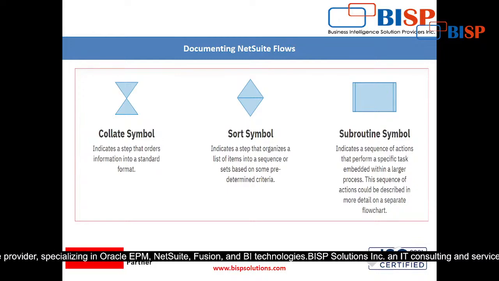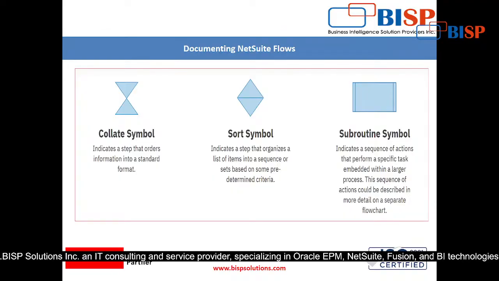Collate symbol means that one of my subordinates or colleagues, his task is to first take the information from the customer, go down, pick the item and just hand it over. So these are the steps of information, right?